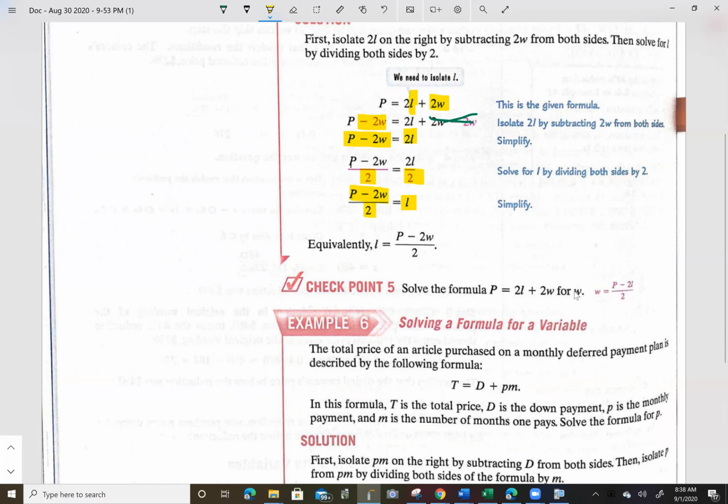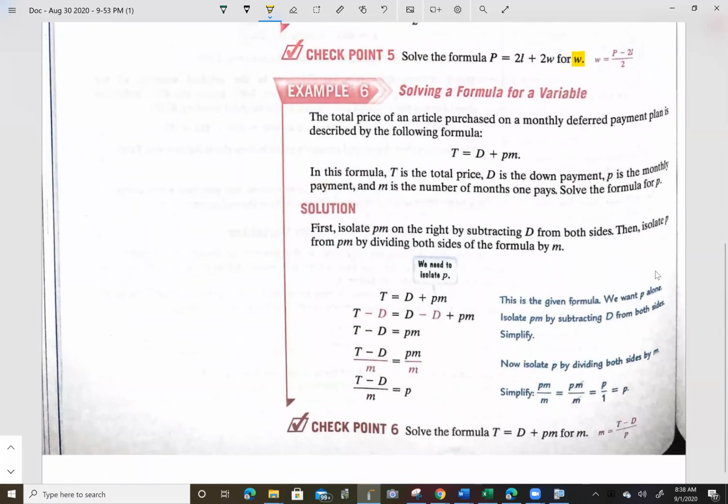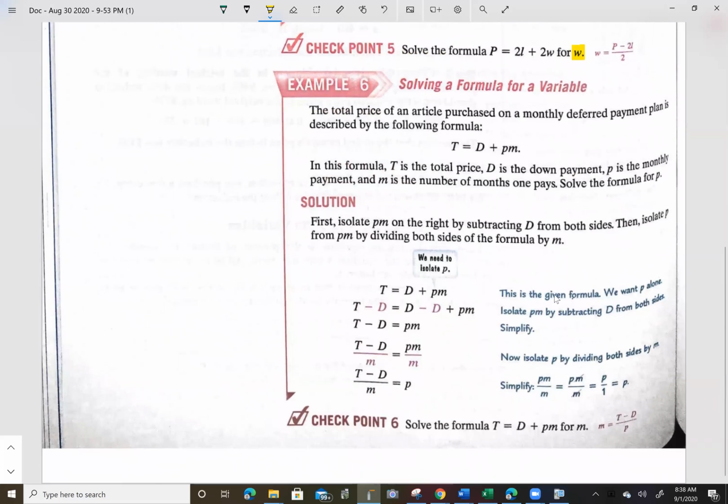Now try the same thing for W. And here they want to solve this for P. The first thing they do is subtract D from each side, which gives T minus D equals P times M. To get rid of the M, we use the inverse operation, divide.